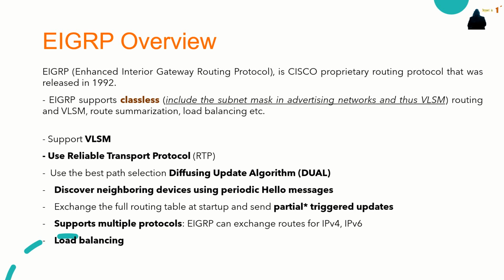EIGRP can support VLSM, use the reliable transport protocol RTP for delivery and reception of EIGRP packets, use the best path selection DUAL, discover neighboring devices using periodic hello messages to discover and monitor connection status with its neighbor, exchange the full routing table at startup and send partial updates.